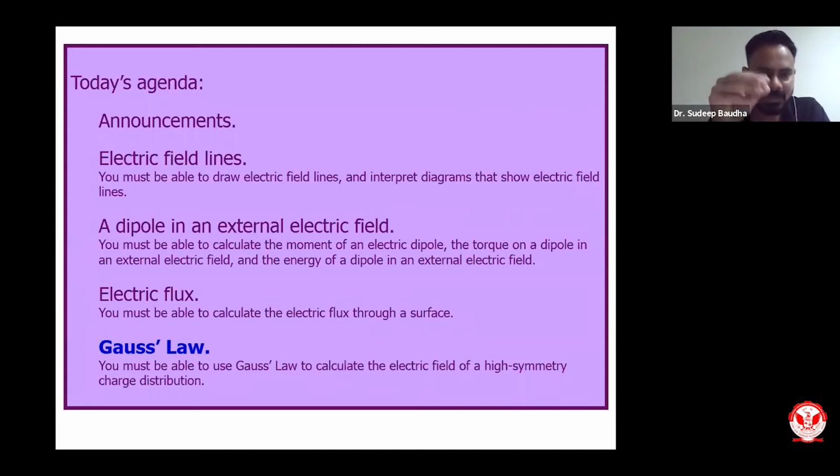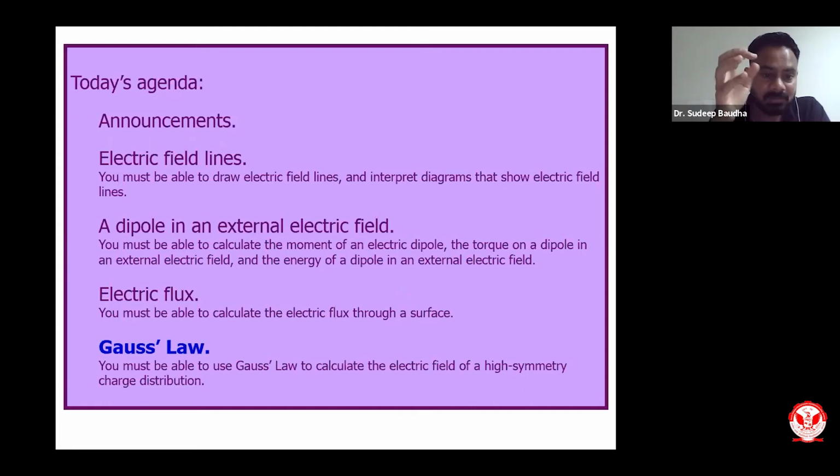But the same thing we have done in the previous cases, we can also do with respect to Gauss law. So let us see how Gauss law is useful. At the initial stage, you may find Gauss law is similar to what we have done in the previous cases for point charges. But I will try to visualize how Gauss law is important to describe electric field because of a particular geometry.